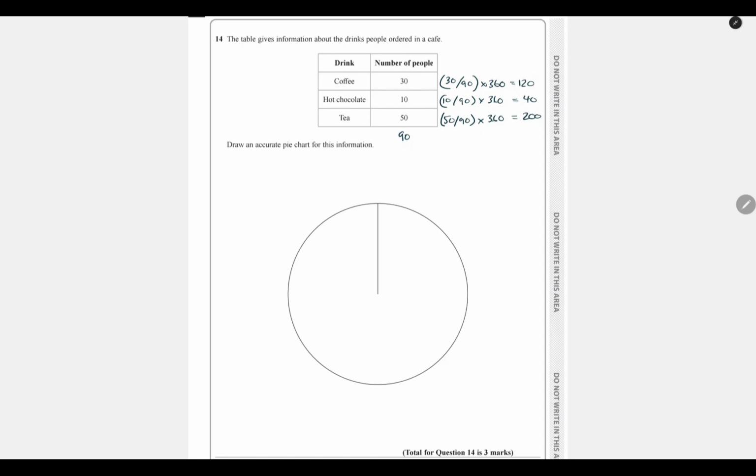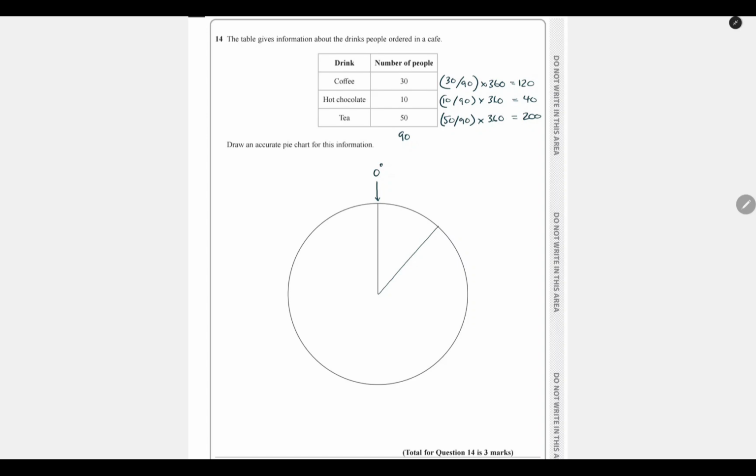So we're going to use a compass for this. Now, for the purpose of this video, I'm going to estimate how the pie chart is going to look. But for your exam, make sure to place 0 at this point here, and then work your way either clockwise or anti-clockwise. For example, hot chocolate would be roughly 40 degrees, which is here.